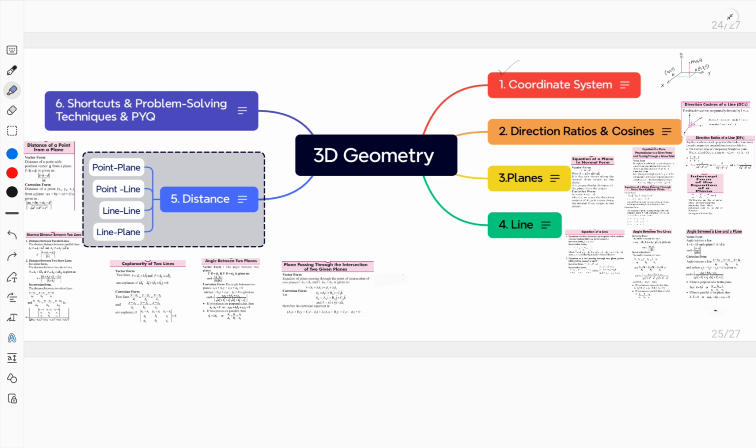Finally, there are some shortcuts or problem solving techniques and PYQs. This is what a student must think of when learning the chapter 3-dimensional geometry. Now in this video, let's look into the points one by one. In total only 6 points, if you remember, it's enough for 3-dimensional geometry.